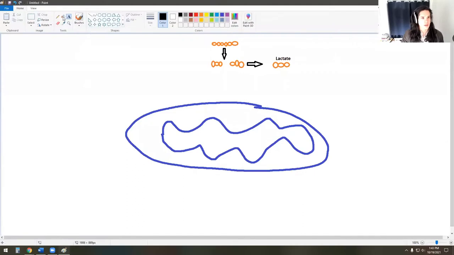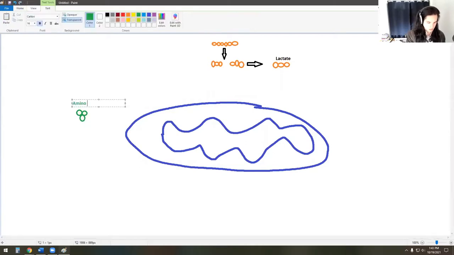And now we also have amino acids. We'll make this green. We'll just say these guys are amino acids. We know that amino acids are all going to kind of be different.